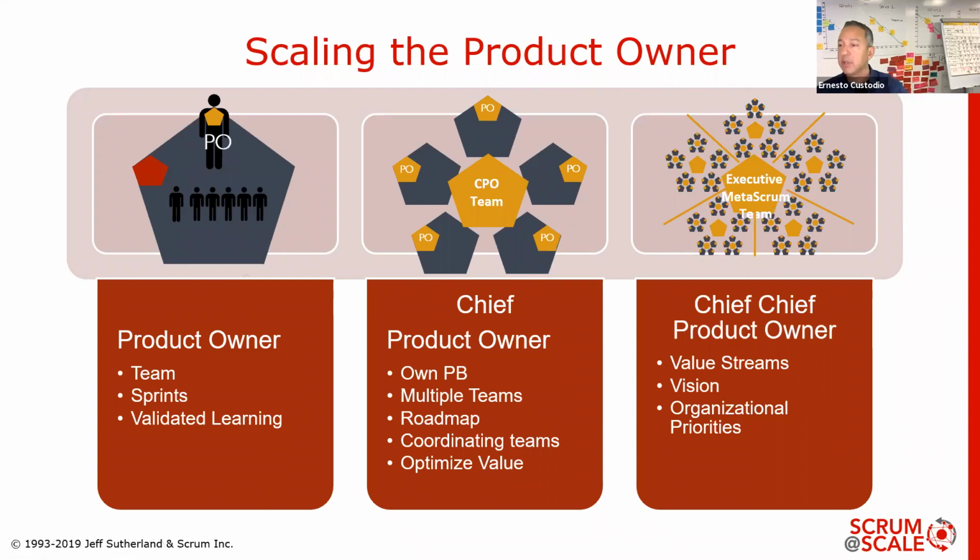It allows us to add as many of these particular groupings here, which are our CPO teams, as many as we need in order for that to grow in a manner that is including at the center the executive meta scrum. That has the chief product owner running the executive meta scrum, and they talk about value stream, the vision of the product, and the overall organizational priorities.